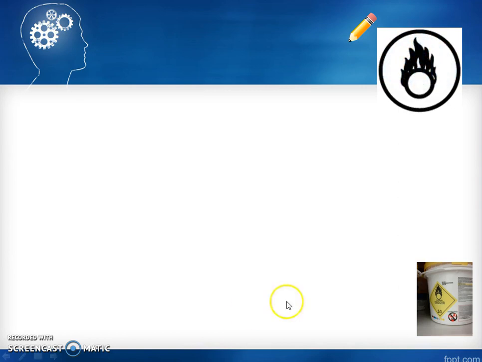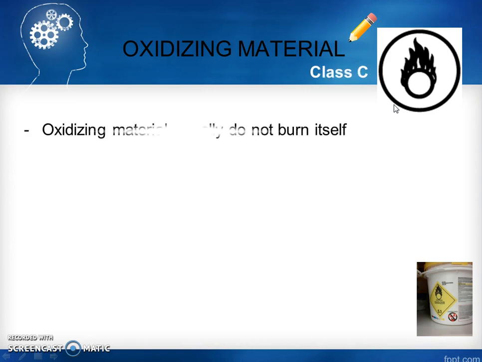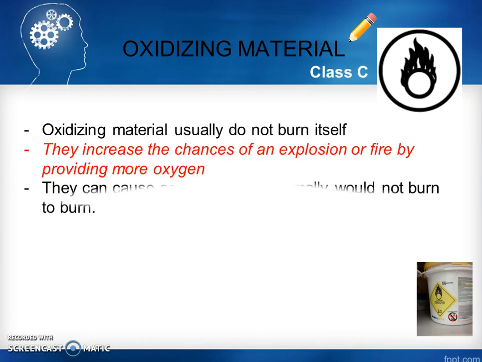Oxidizer. And I'm skipping here to this symbol. It looks a lot like a flame, but it's got this O here. And what an oxidizing material does is it's not necessarily going to burn itself, but it will feed a fire. So for most fires, oxygen is a key ingredient to make things burn.